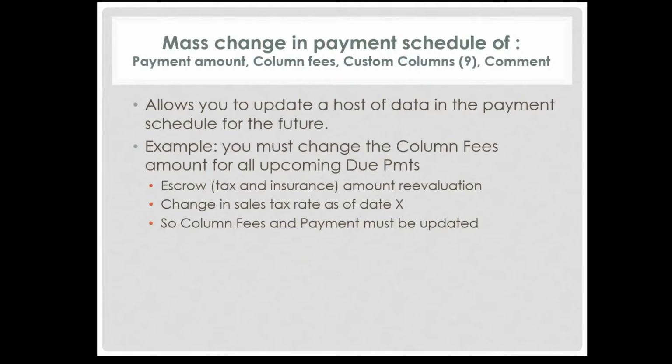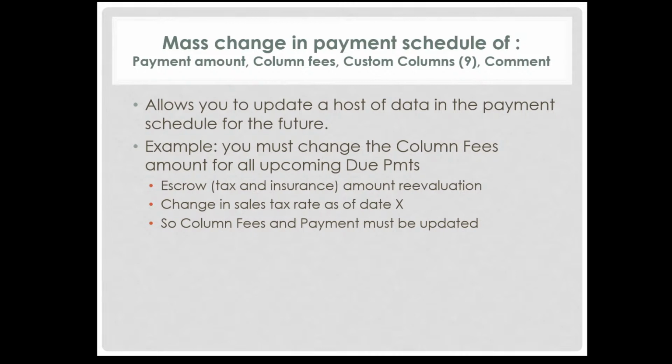In upcoming version for June, somewhere in late June, we're already mid-June, but something that's coming up. It's a mass change in the payment schedules of the payment amount, the column fees, the custom column, all those extra columns to the far right, and the comment, which is more or less useful. So it allows you to update a host of data in the payment schedule for the future only, not for the past. For example, you have to change the column fees for all upcoming or due payments.